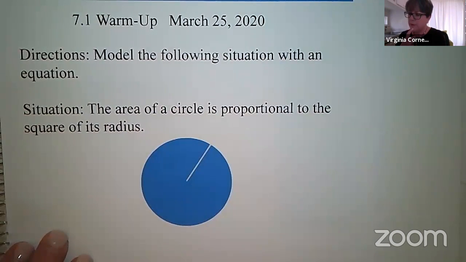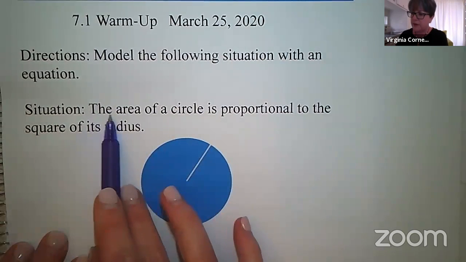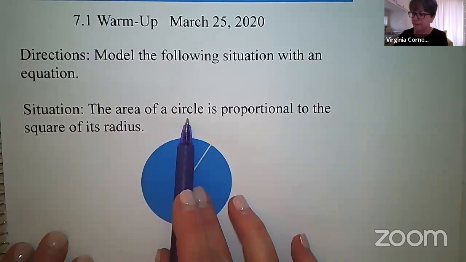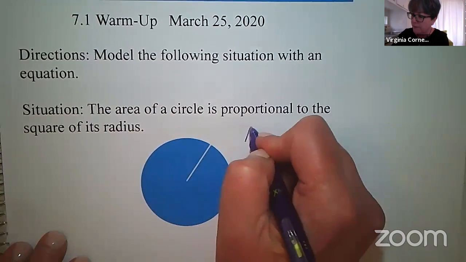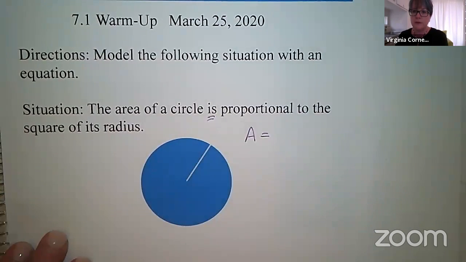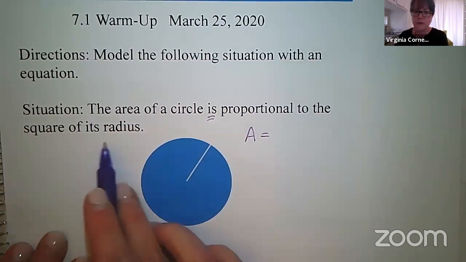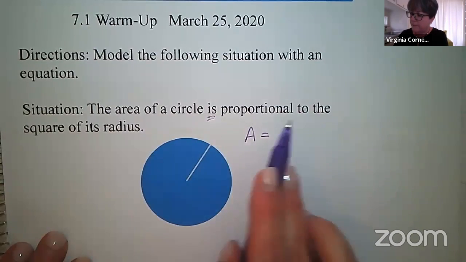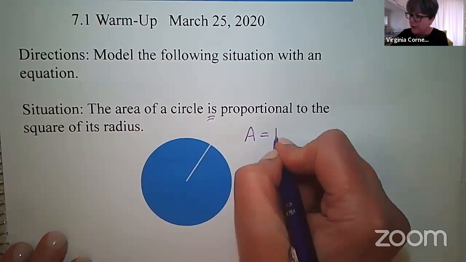So let's see, what would I do? The area of a circle, well, as a mathematician, I have to assign that a variable. So I'm going to call that A, is, there's my equals, proportional to the square of its radius. Proportional means that there's some constant of proportionality.